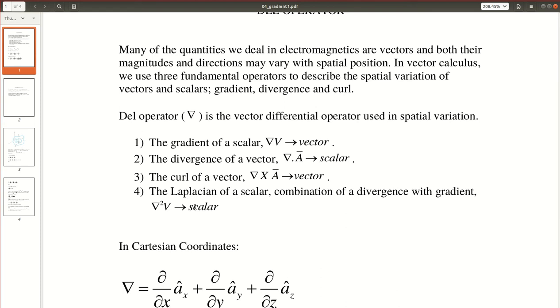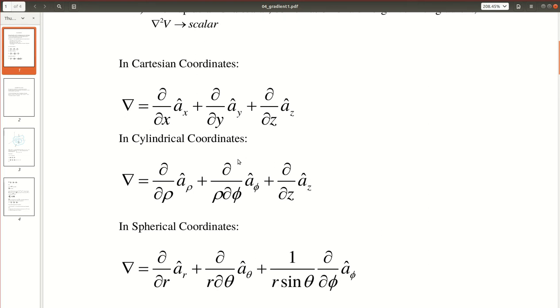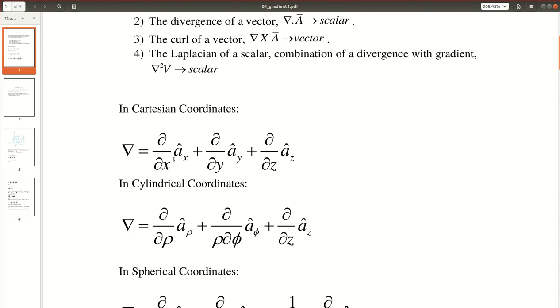Now I will go through each one of them, these four operations using the del operator. Starting with the gradient, in Cartesian it's taking the differential calculation of each one of them. That means you take the differentiation over x in the direction of x, differentiation over y in the direction of y, and differentiation over z in the direction of z.